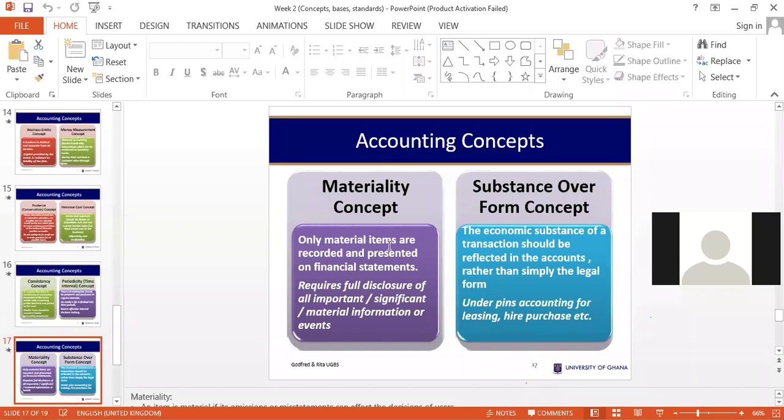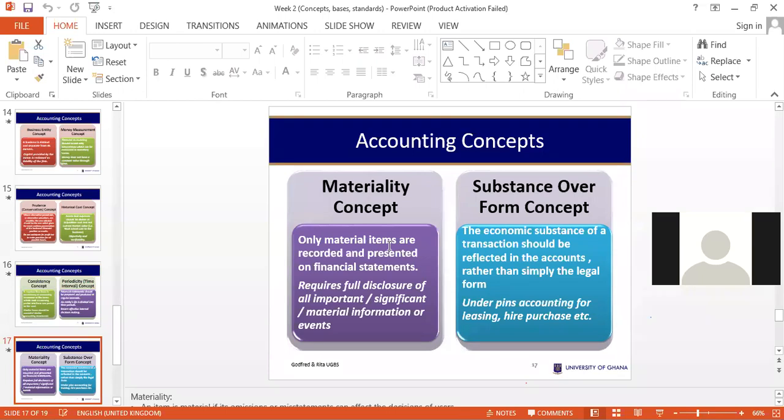They are all reported under one bulk, one big name. So for instance, we can have utilities, and utilities could represent telephone, water, electricity. So we will disclose the important and key information on the face of it. When you go to the notes, you would see the breakdown there.